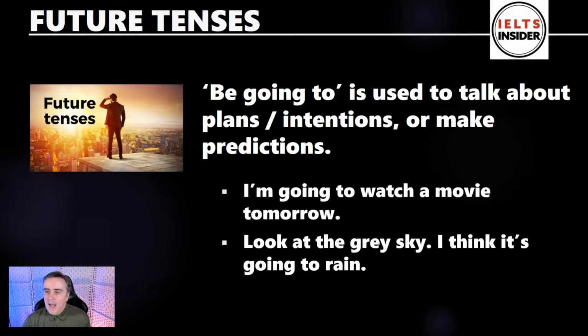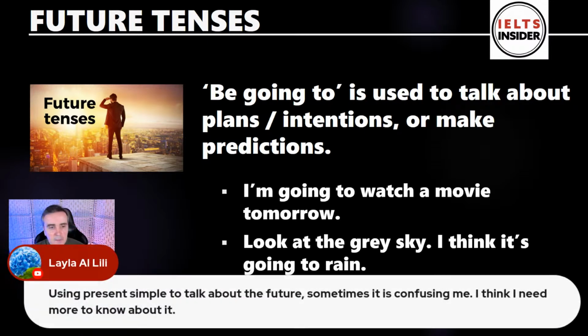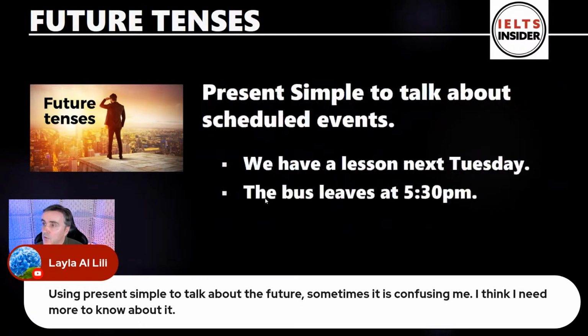Now, Layla is saying here, using present simple to talk about the future is confusing me. I need to know more about it. Well, Layla, there's not really a lot more we need to know about this because it is only really used for this one purpose, to talk about the future when an event is scheduled.